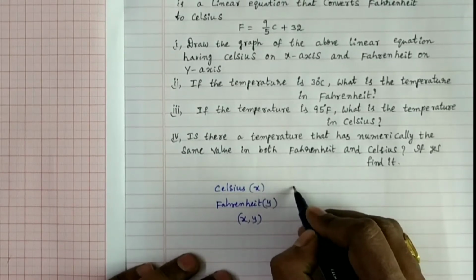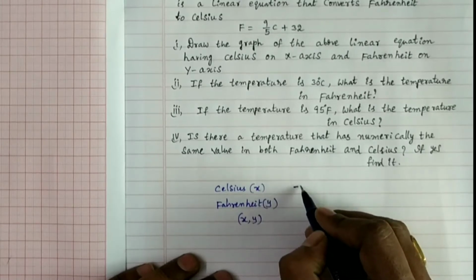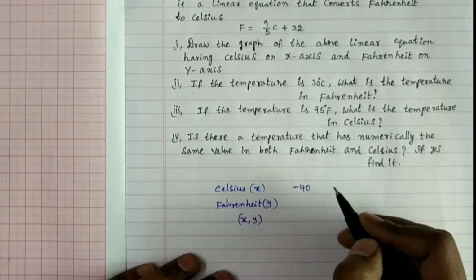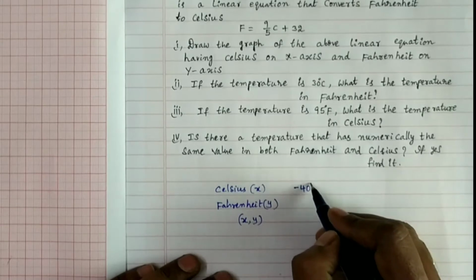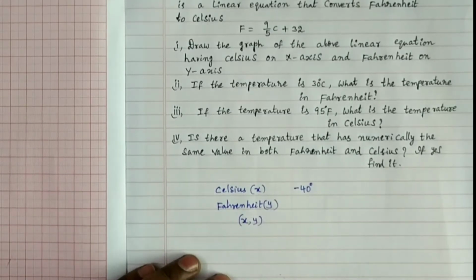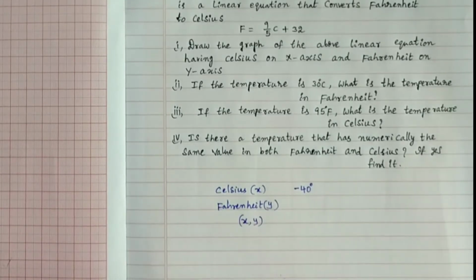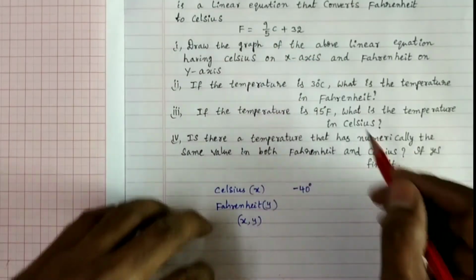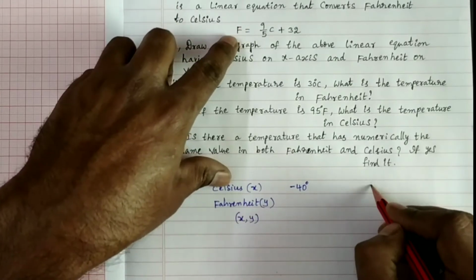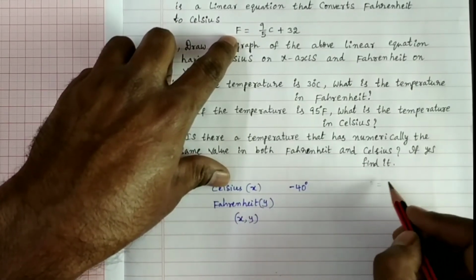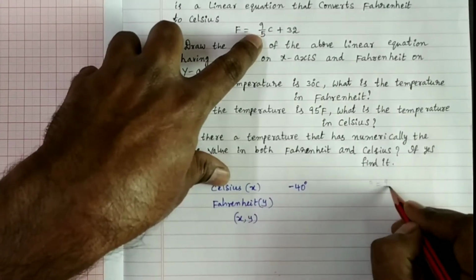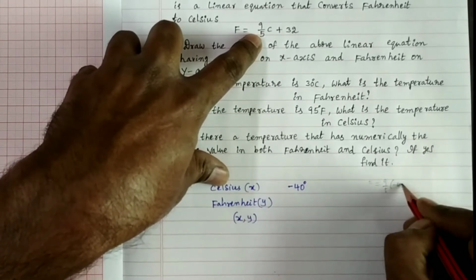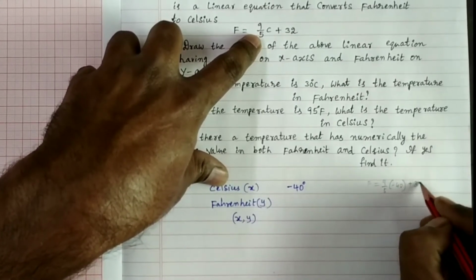I preferred minus 40 degrees. Then substitute the value in Celsius, minus 40 degrees. So F equals 9 by 5 into minus 40 plus 32.